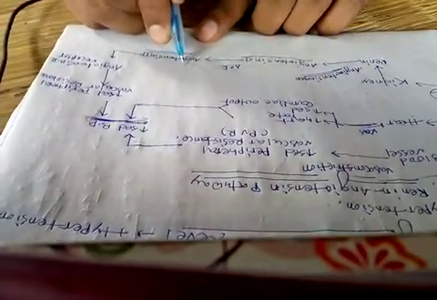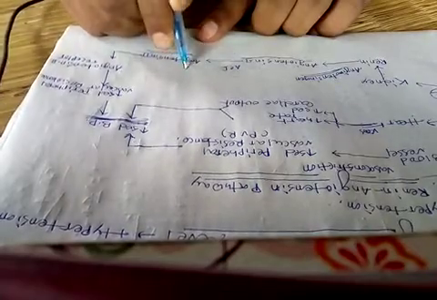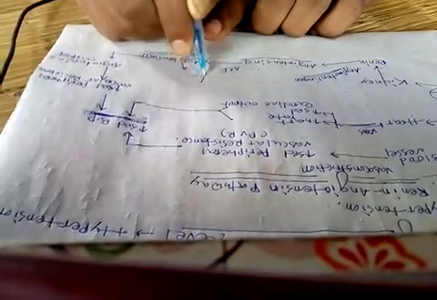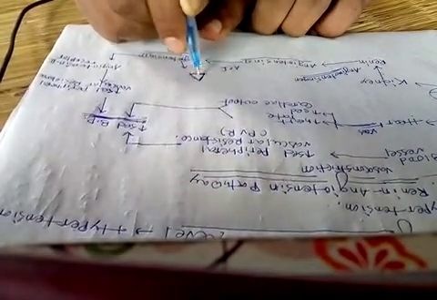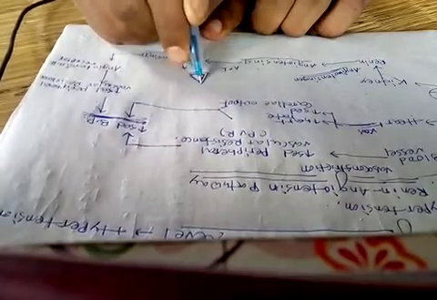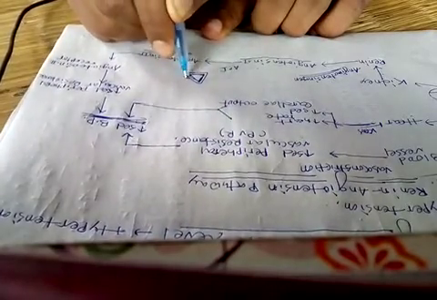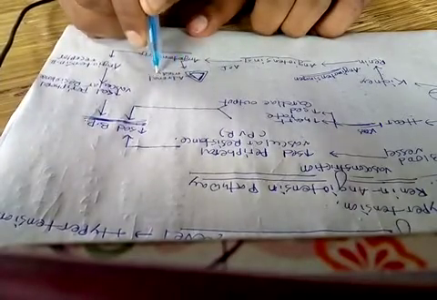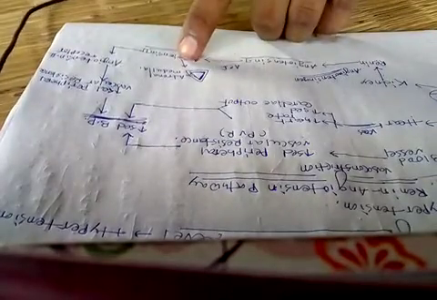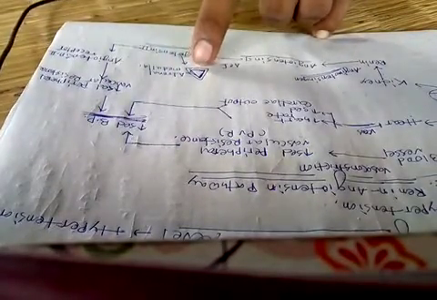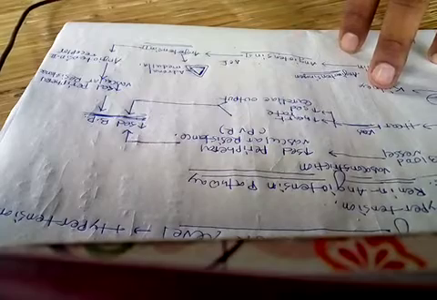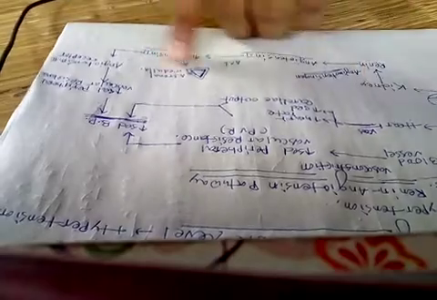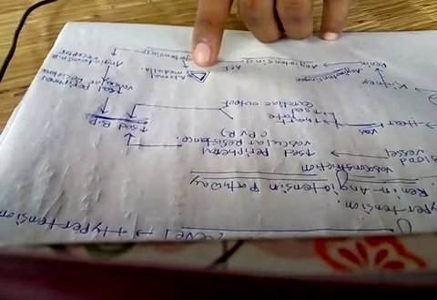So see, angiotensin 2 is triggering the adrenal medulla. So the adrenal gland, as we all know, is present at the superior portion of the kidney, and it is pyramidal in shape, right?